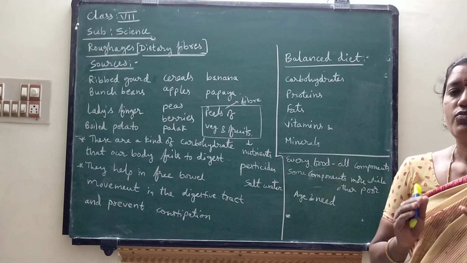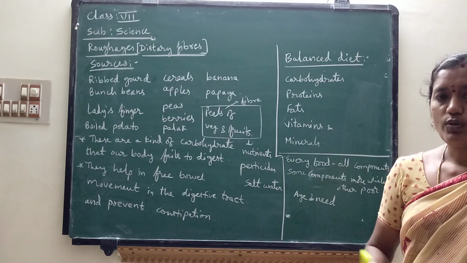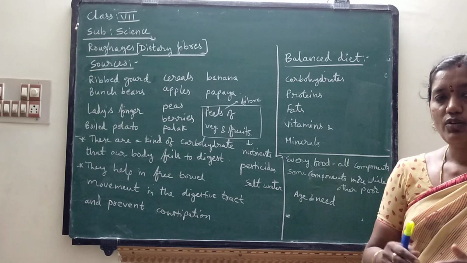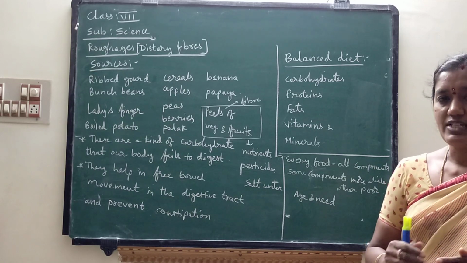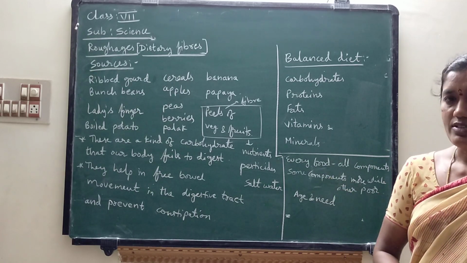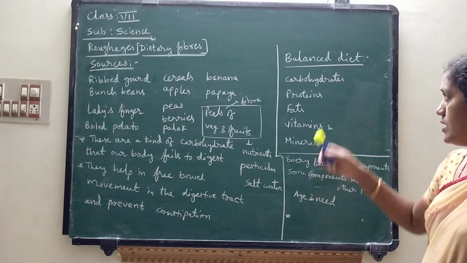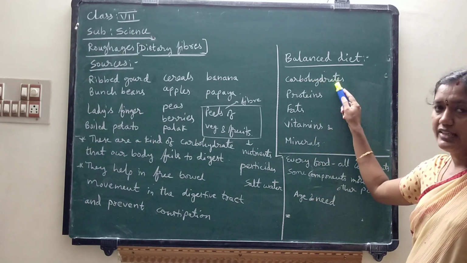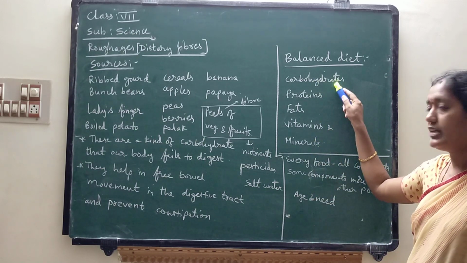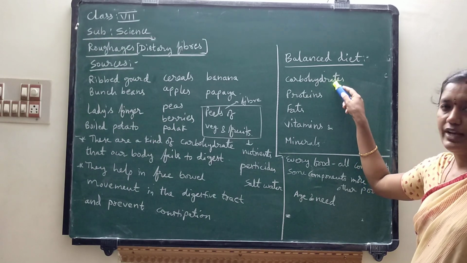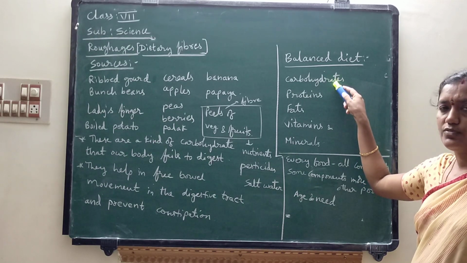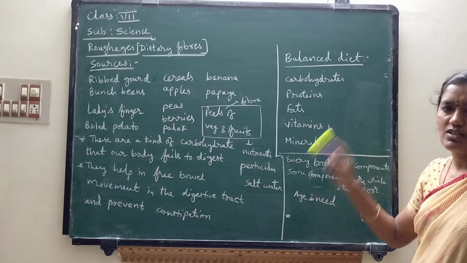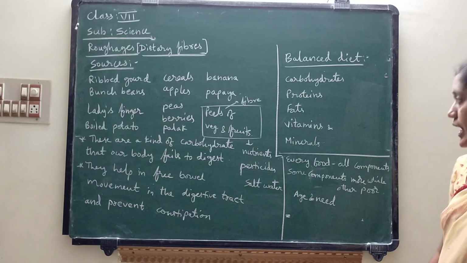The food items cooked in our home should give our body all these components. Because we eat rice every day, our body will get more carbohydrates. If you eat potato fry, then also your body will get more carbohydrates.